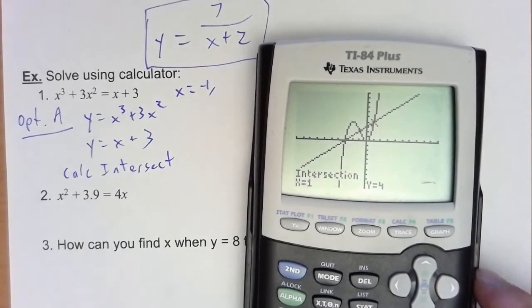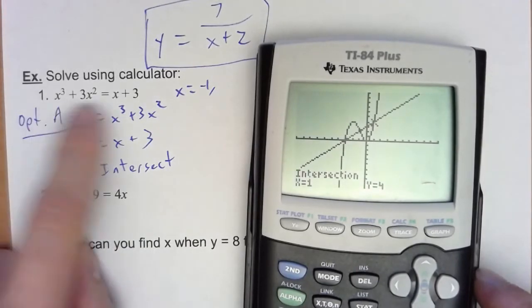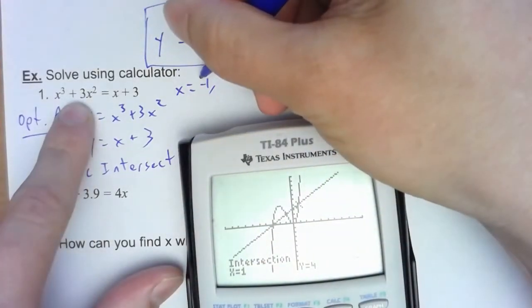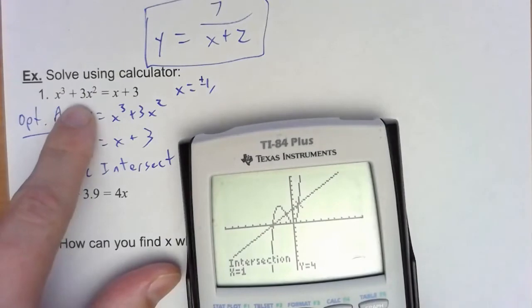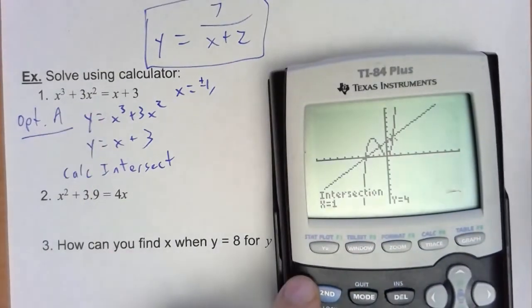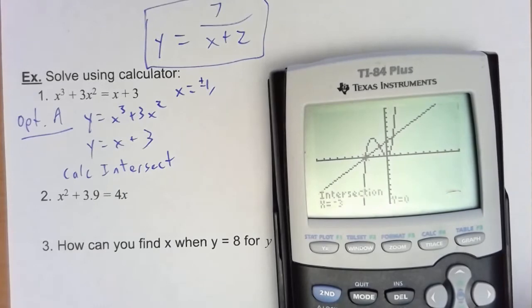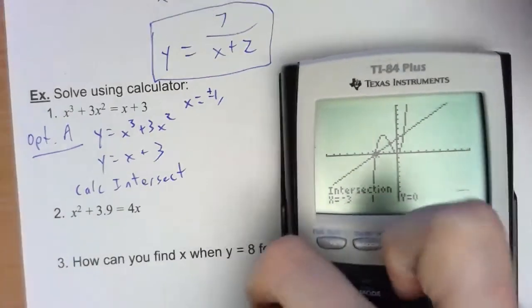Keep hitting enter until it gives you an answer. Again, we only started with x, so we only have to give x in the answer. I'll be lazy, efficient, just say plus or minus 1 there. And then the last intersection, move that cursor over to the left, keep hitting enter, and there we go, -3.